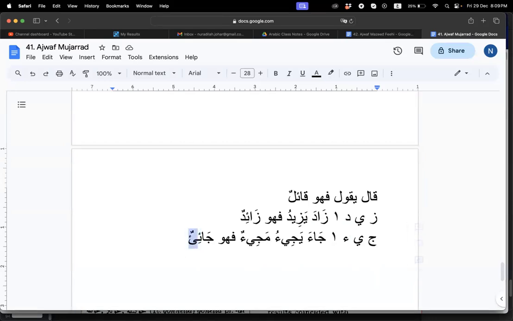But basically what happened here is whenever you have two hamzah coming together, surely something will happen to it, which we will do later on. But here basically it becomes ja'in. The rule chart we will do later on when we do naqis. So for now, this one is special.